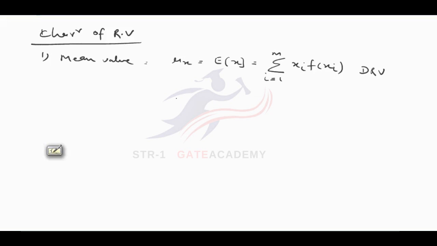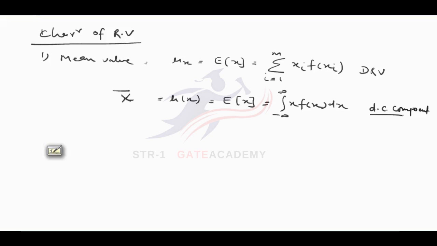If it is continuous, mu comes from expectation. Mu is also known as expectation. It comes from integral of x f(x) dx. This is the DC component. From a communication point of view, this term is very useful.